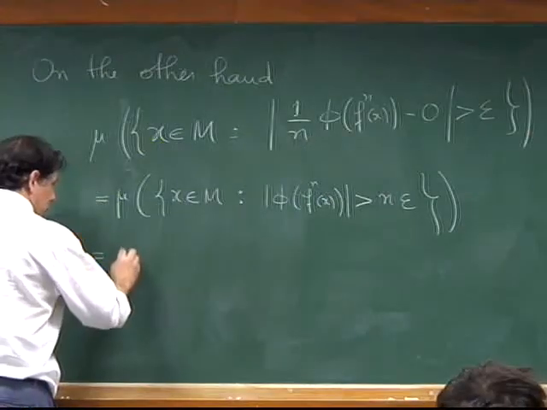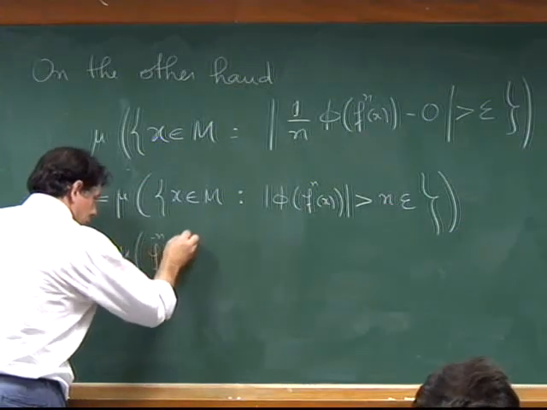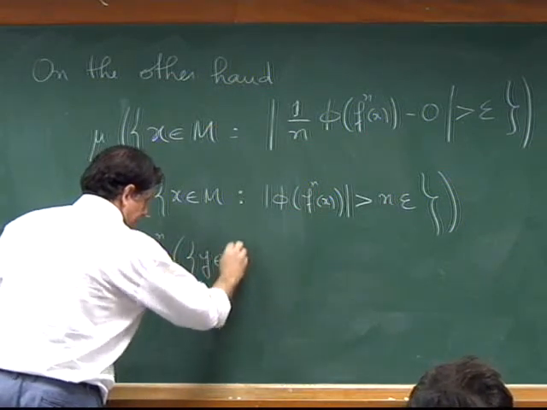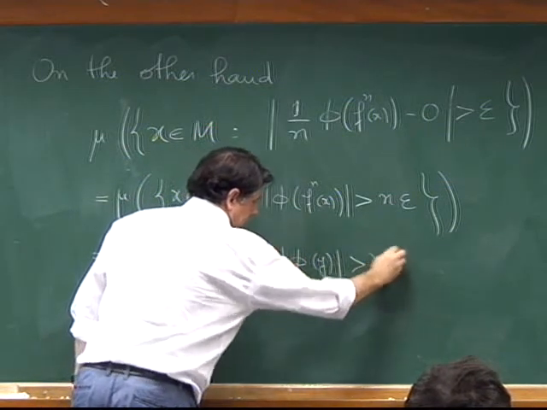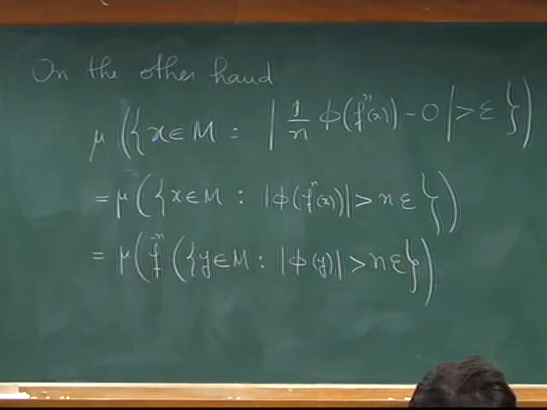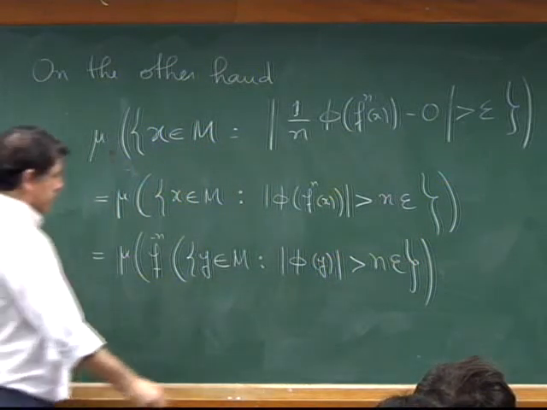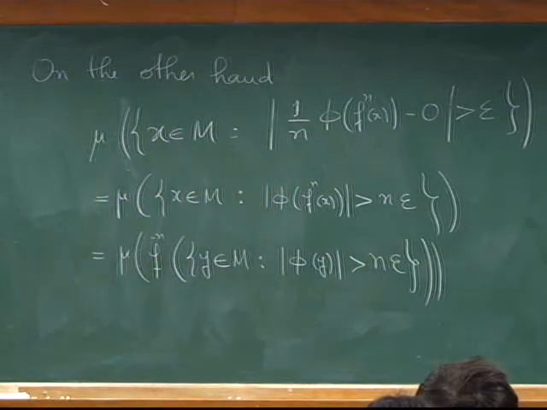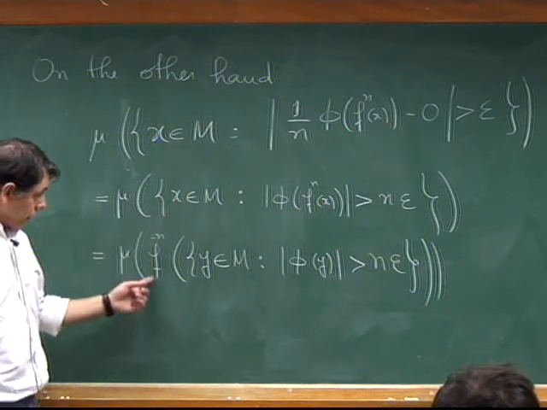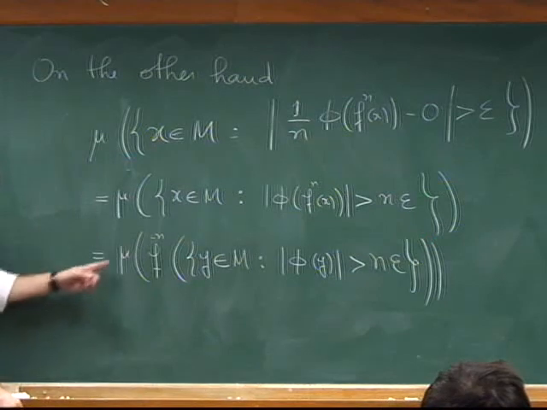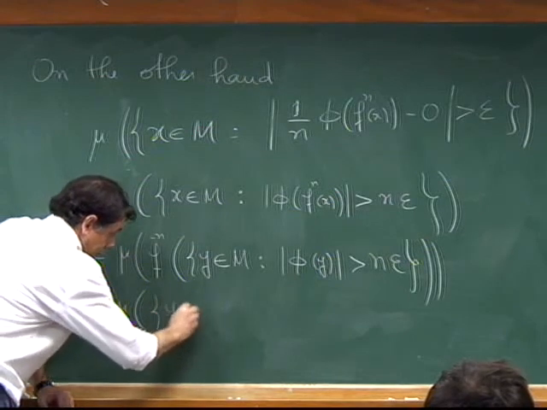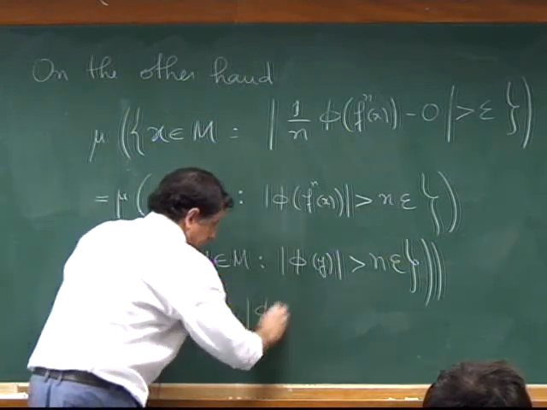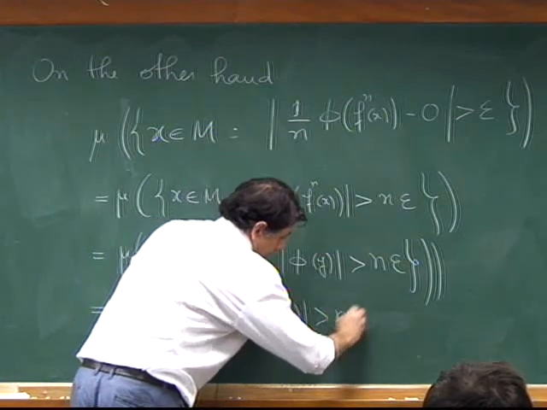Which is the same thing as mu of the nth pre-image of the set of points y such that phi of y is bigger than n epsilon. This is the set of points x that fall into this set after n iterates. And since mu is f-invariant, this is the measure of the set of points y such that phi of y is bigger than n epsilon.